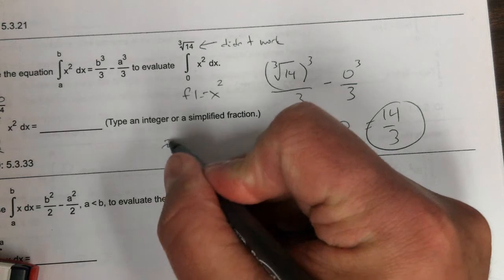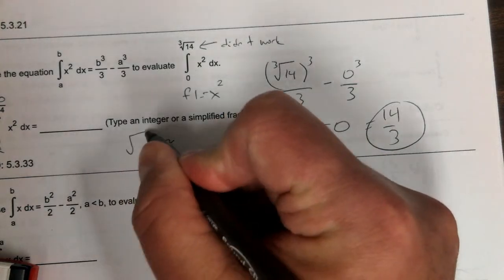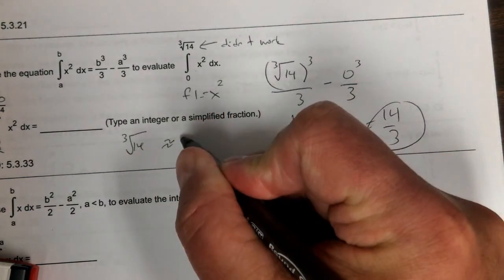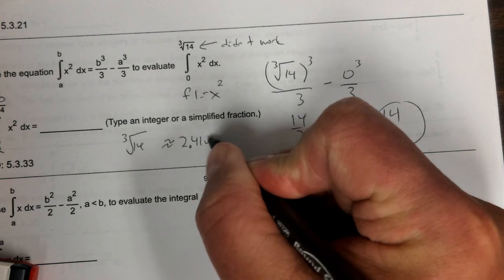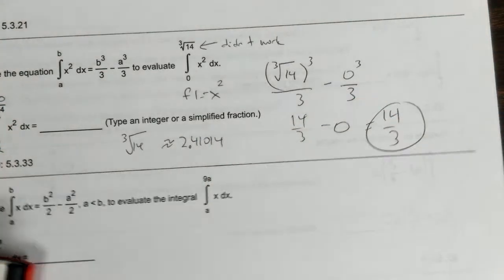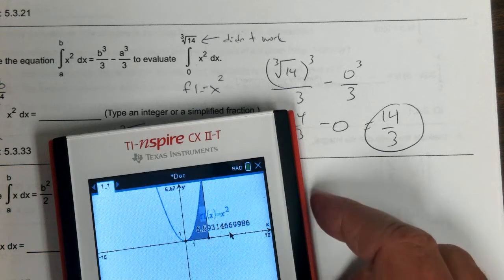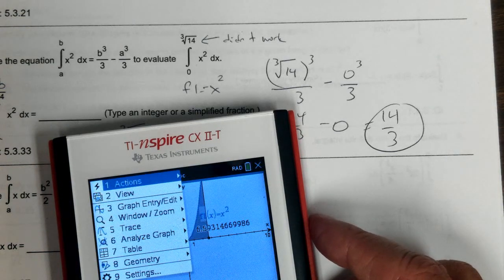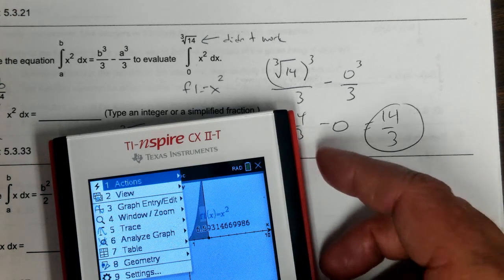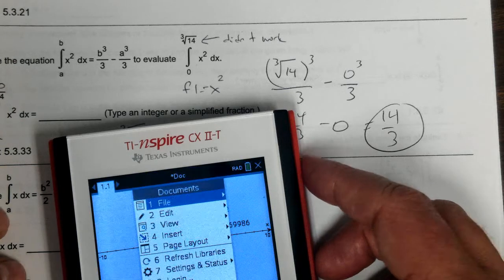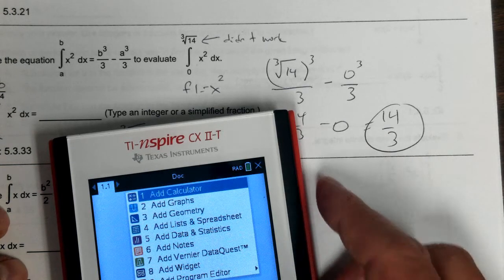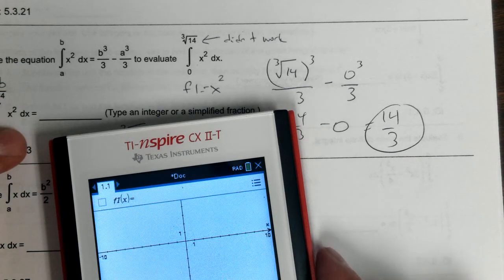But if you do like to double check, the cube root of 14 is about 2.41014. I'm just being persistent on this other one. I want to clear that out. And put x squared.